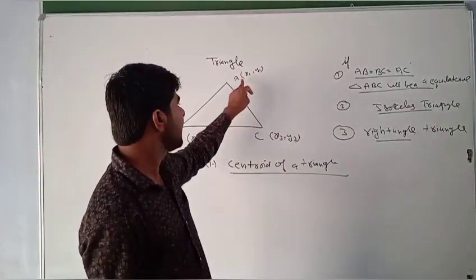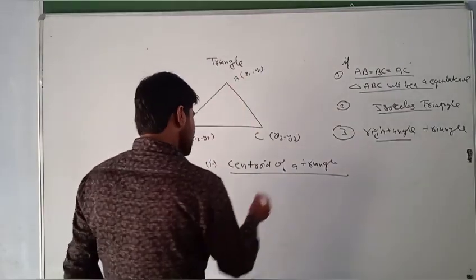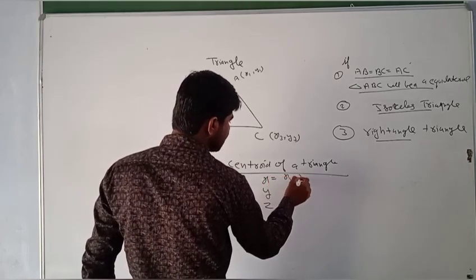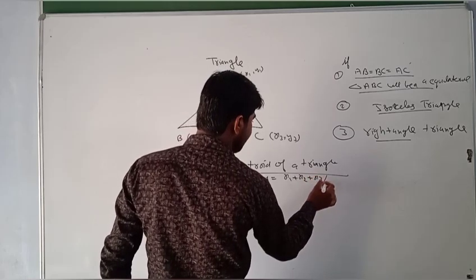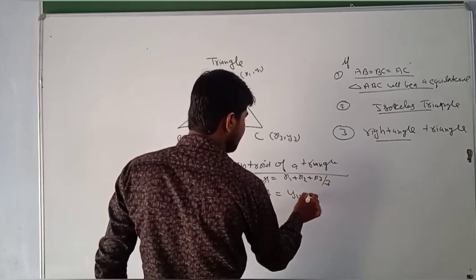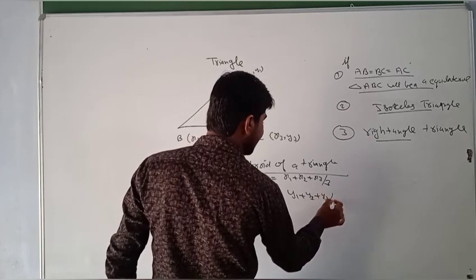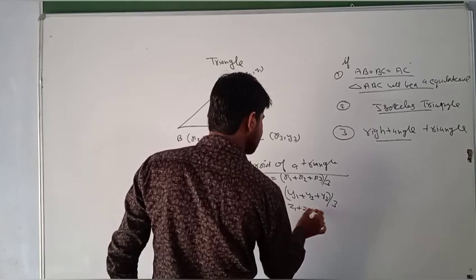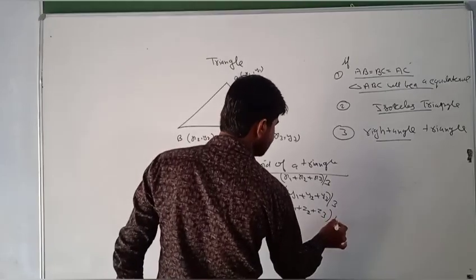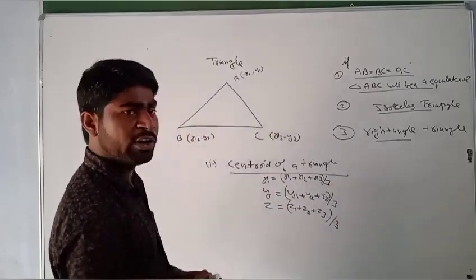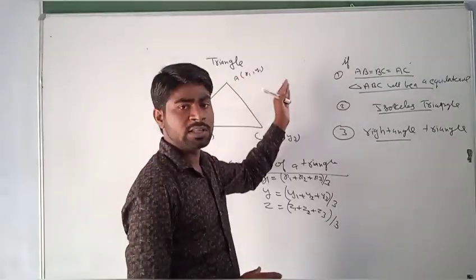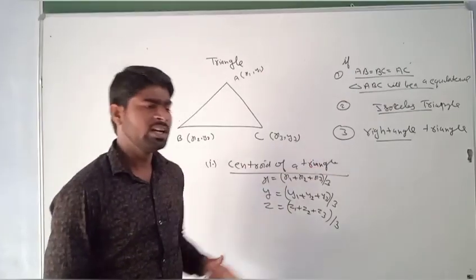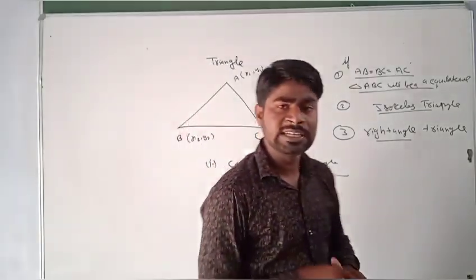If the vertices are A, B and C, the coordinate of the centroid will be x, y and z equals x1 plus x2 plus x3 by 3, y1 plus y2 plus y3 by 3 and z1 plus z2 plus z3 by 3. So if we know the vertices of a triangle, we can find out its centroid. Various types of questions we will discuss later.